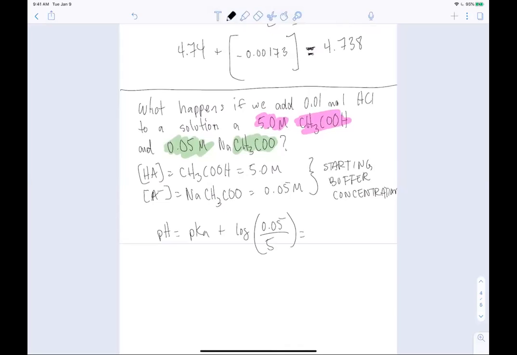So it's going to be equal to 4.74 plus log of 10 to the minus 2, which is minus 2. That's going to equal 2.74. So we're starting out at a more acidic pH here.